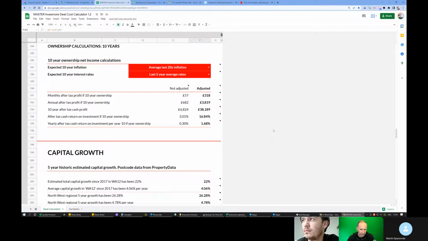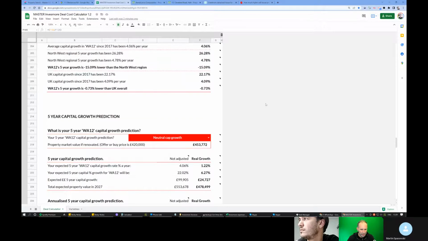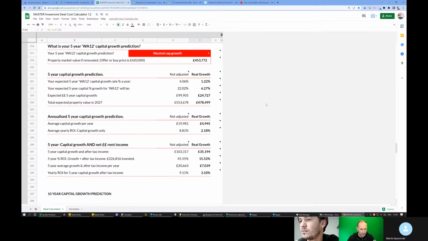Well, if you look at that number, let's say, just as a very rough approximation, capital growth in WA15 has been pretty solid, but there are other areas which are better than it. But okay, that's fine. So let's have a look at how this looks in the future. So let's assume neutral growth.